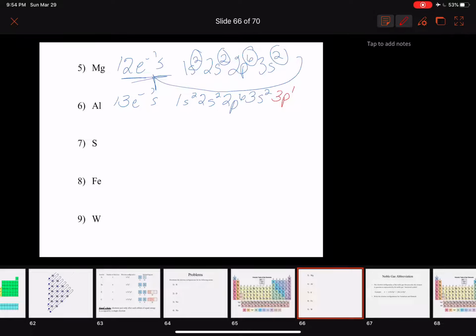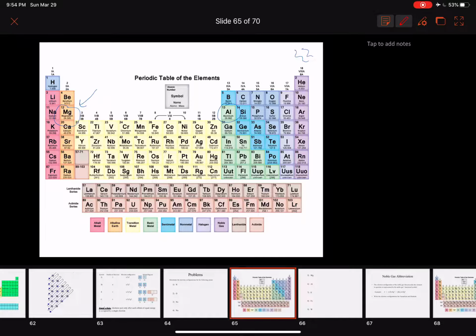All right, sulfur. So sulfur is atomic number 16, so it has 16 protons and 16 electrons. And you guys can see that it's still in the p zone over here. So the electron configuration we know is going to end in p.